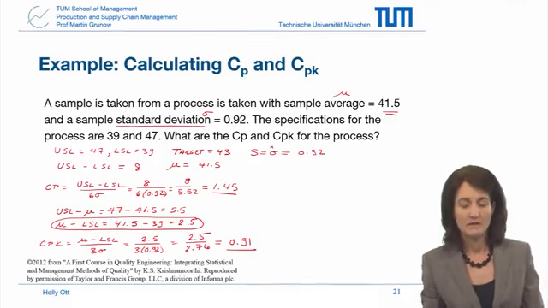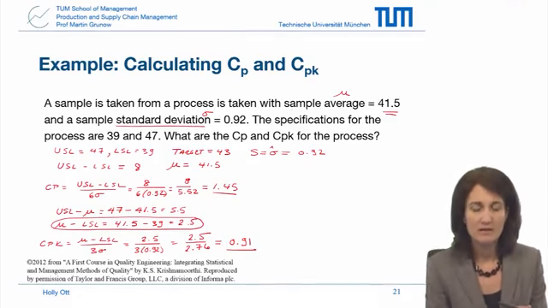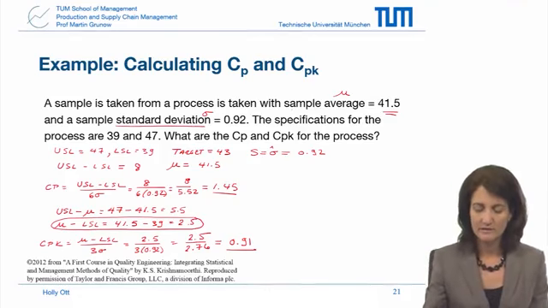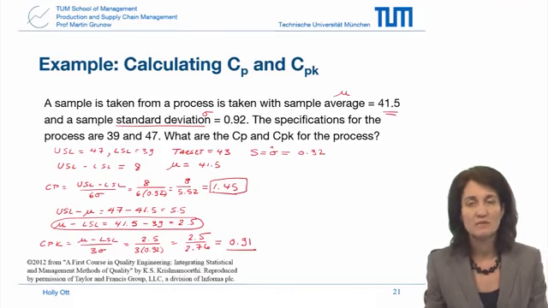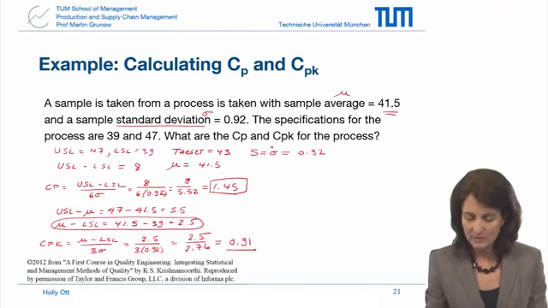So here we can see that although if we were centered, we would have our entire distribution contained within the spec limits, as we are off center, we know that there are some values falling beyond the spec.